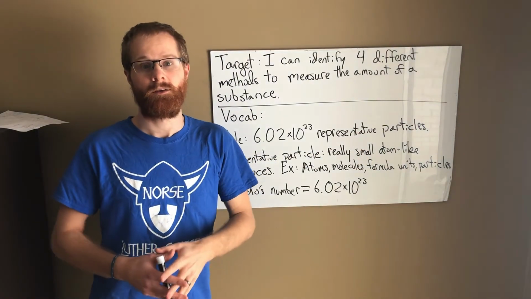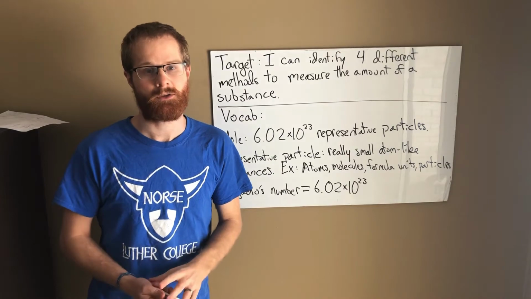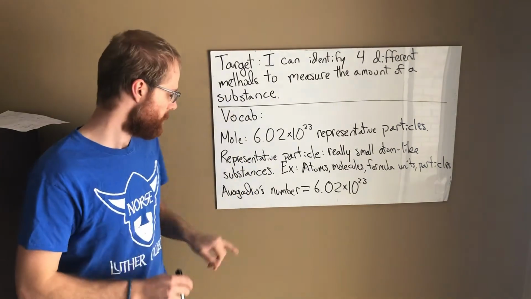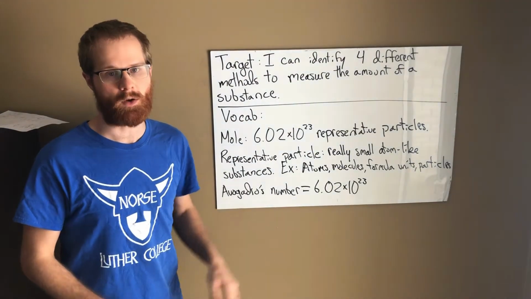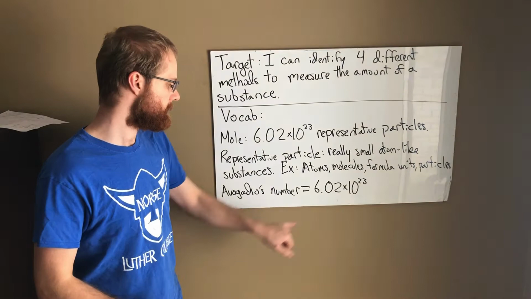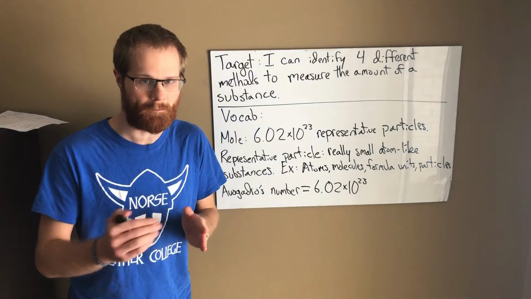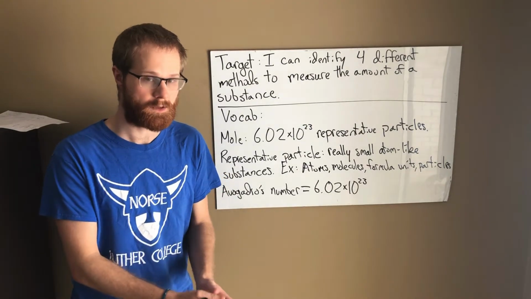Okay. So moles are just a bunch of really small things. Okay, well, scientists, we like to be precise. We don't like talking about things in terms of a bunch. So exactly how many is this particular bunch? Well, it happens to be something called Avogadro's number. So Avogadro's number is simply 6.02 times 10 to the 23rd, meaning 1 mole is Avogadro's number of representative particles.